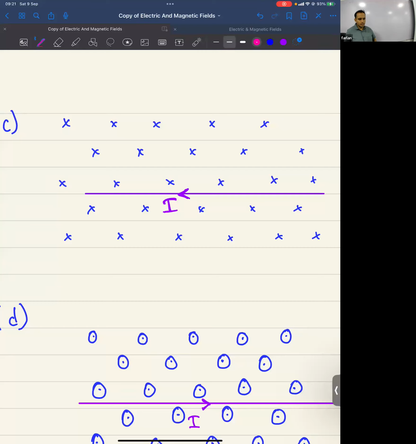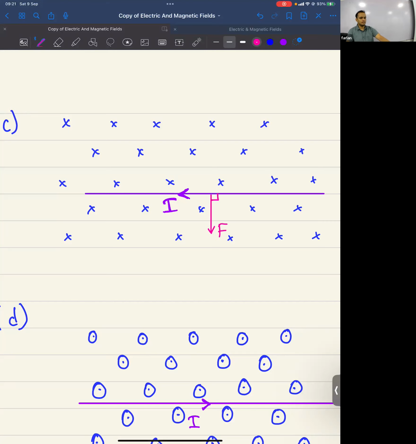So guys, now the magnetic field is in, current is this way, so the force is downwards.